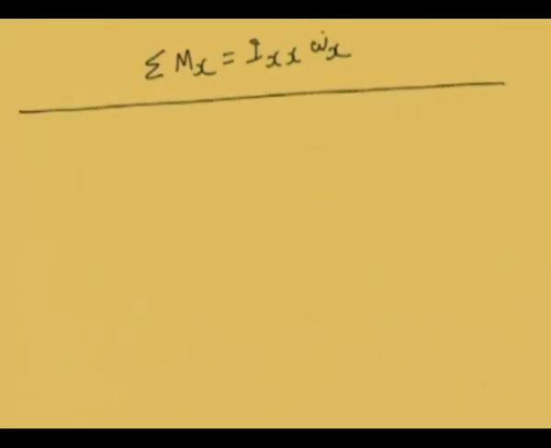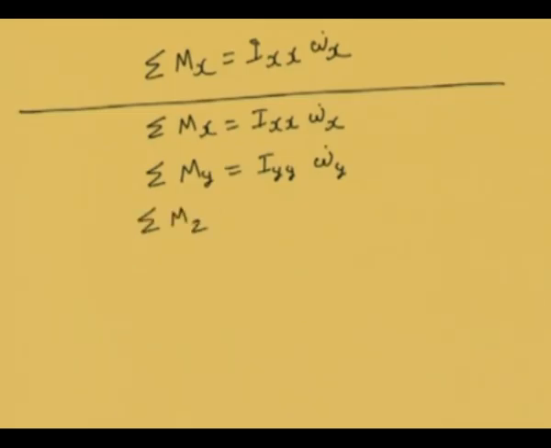If the body has the component of angular velocity along x and y, then one equation is sigma Mx is equal to Ixx omega dot x, sigma My is equal to Iyy omega dot y, sigma Mz is equal to minus (Ixx minus Iyy) omega x omega y.